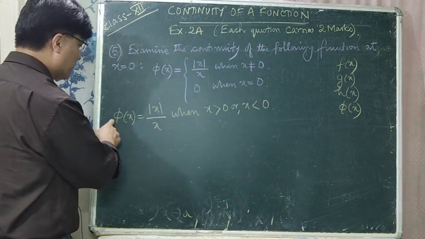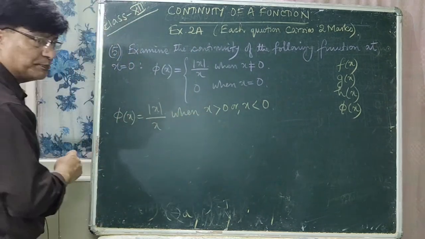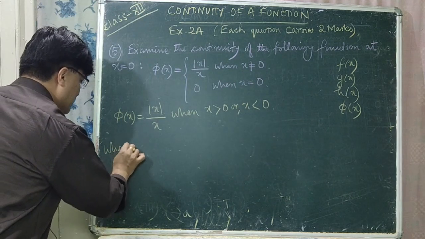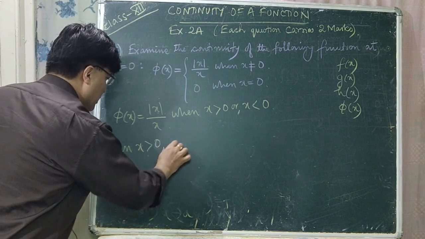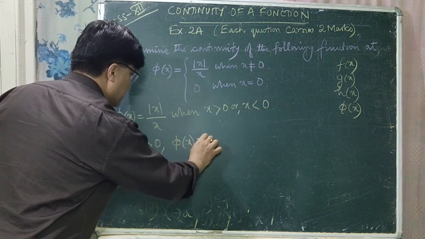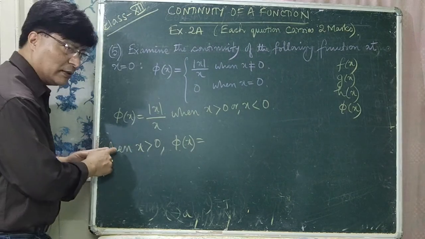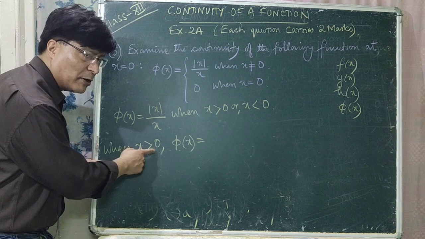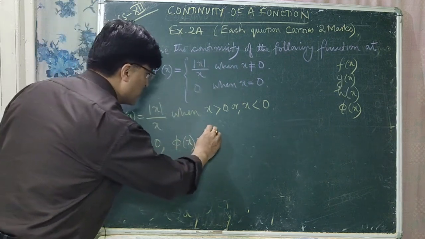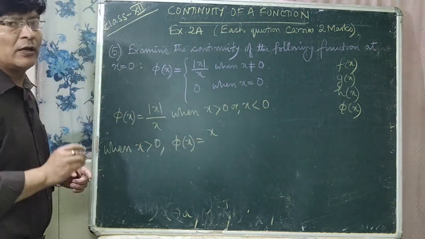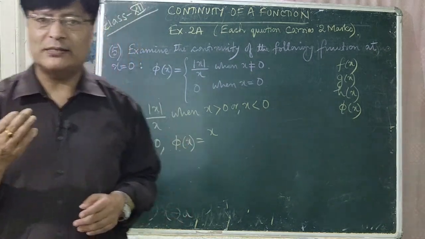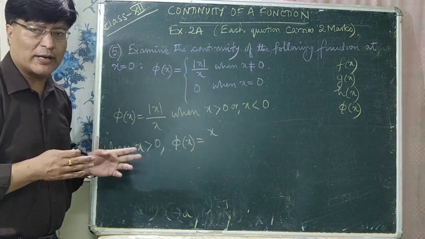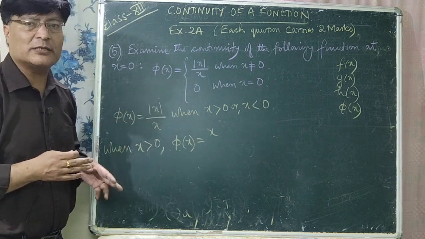Let us simplify the function phi of x when x is greater than 0. Now when x is greater than 0, then phi of x is equal to... So here we assume that x is greater than 0. X greater than 0 means x is already positive. So mod x means all the values of x here are positive.